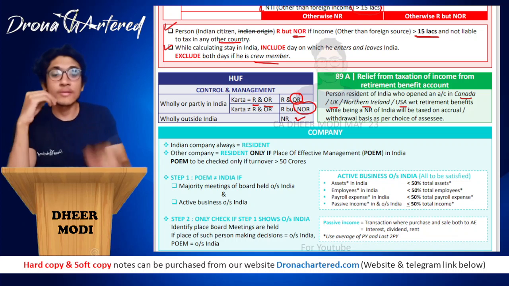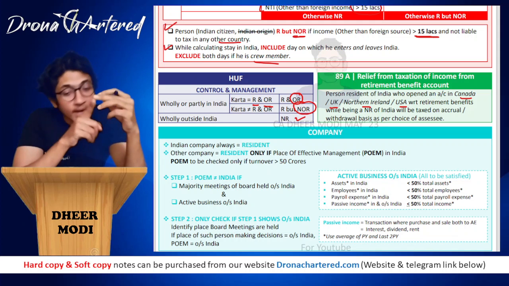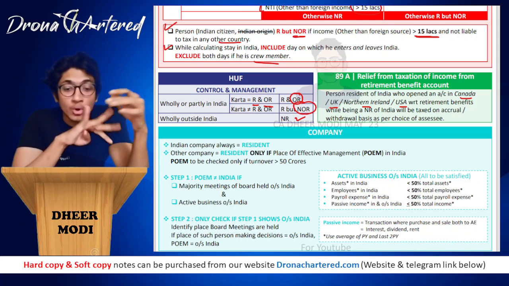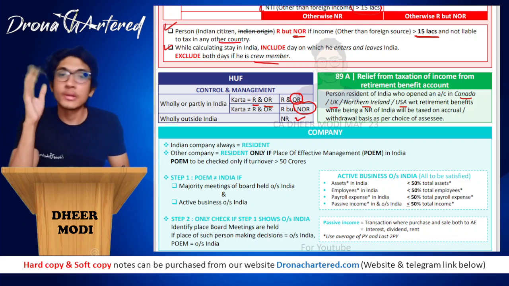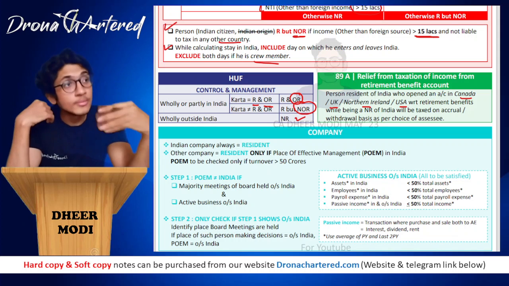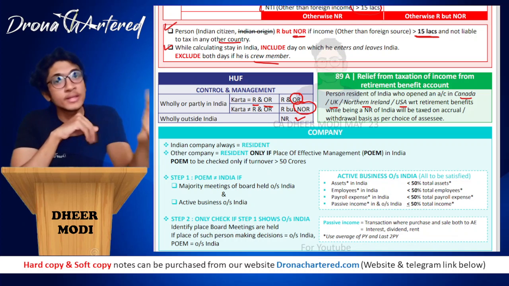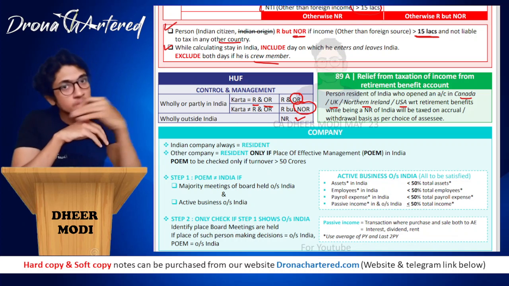These four countries: if a person who is a resident of India had opened an account in Canada, UK, Northern Ireland or USA with respect to retirement benefits, for example gratuity or PF account, while being a non-resident of India. That means it is possible that this person was working abroad and had to open an account. During the time when he was working outside India, of course, he was a non-resident.